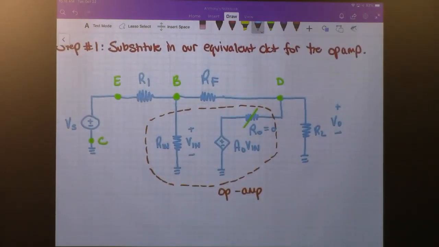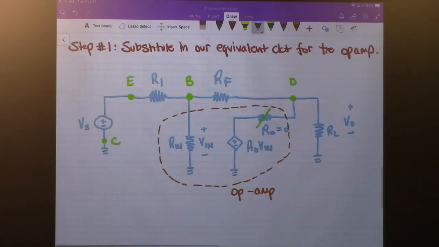Now that we have our equivalent circuit, the next thing that we have to do is analyze it.